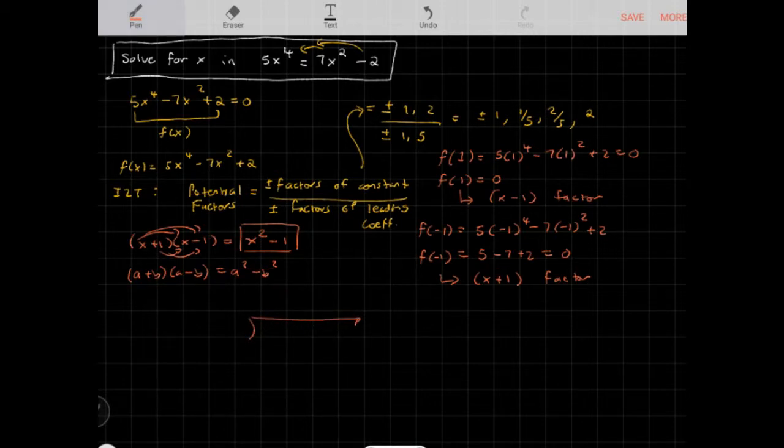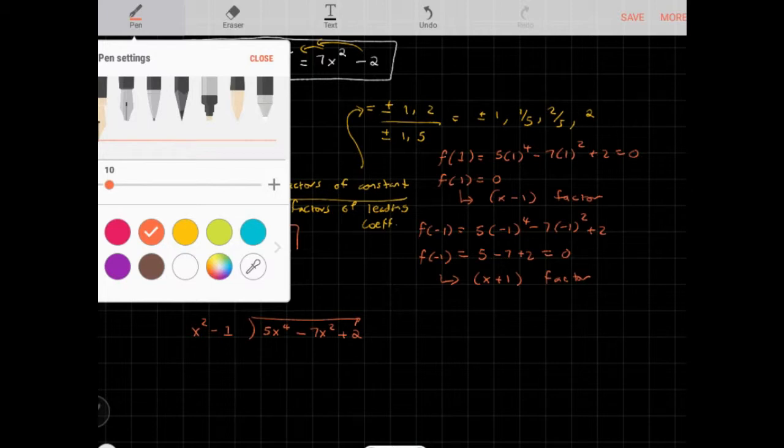So I'm just going to do it out here. Your dividend is 5x to the power 4 minus 7x squared plus 2, and your divisor is x squared minus 1. The name of the game is to match the leading term.